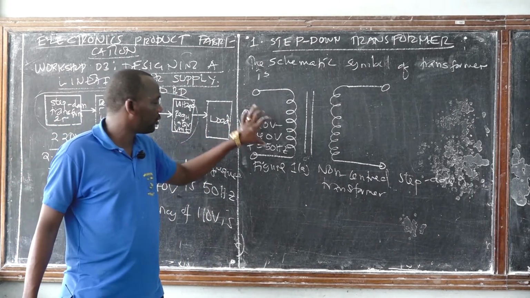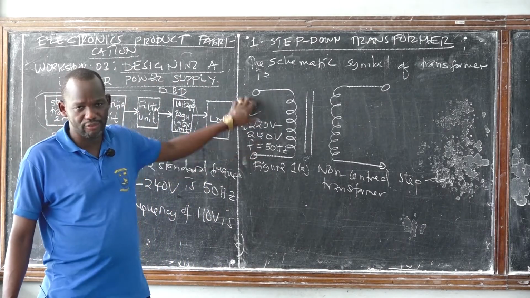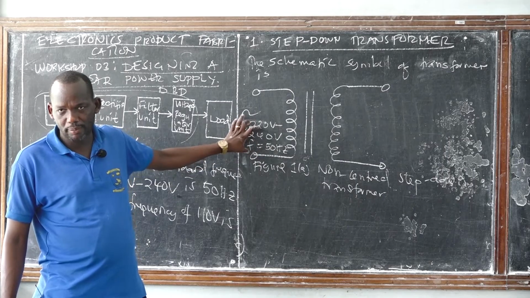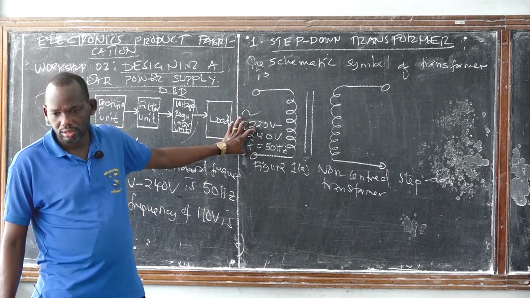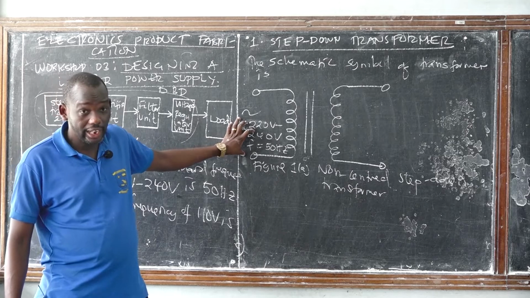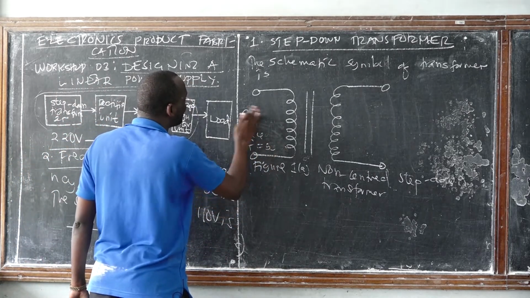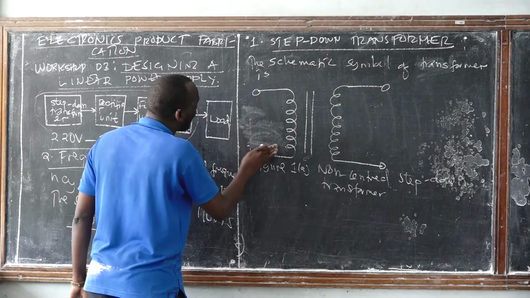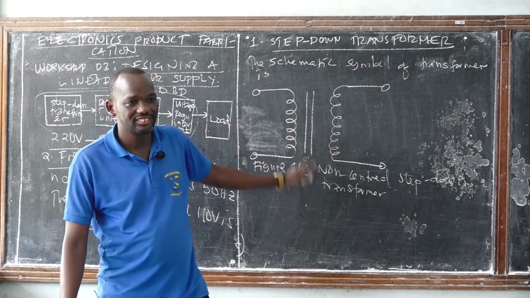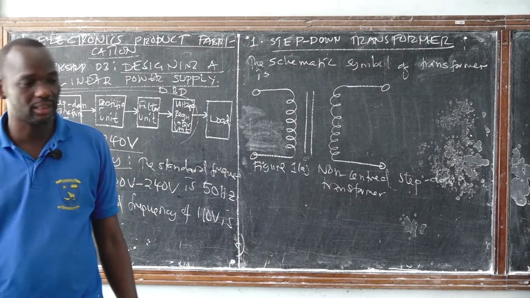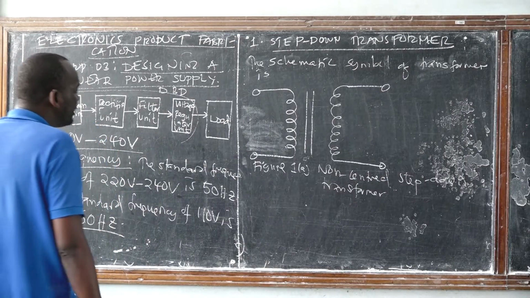So this is the symbol. These are just the parameters that we have written, they are not a part of the symbol. So the schematic symbol of the transformer, let me clean this, is just this one, of the non-centered step-down transformer.